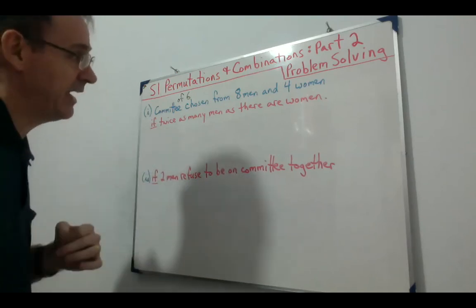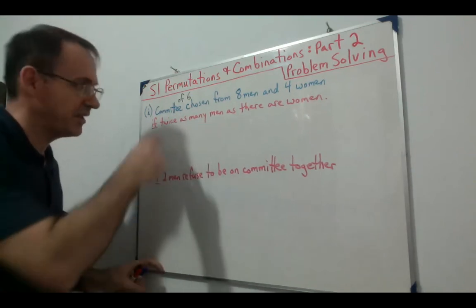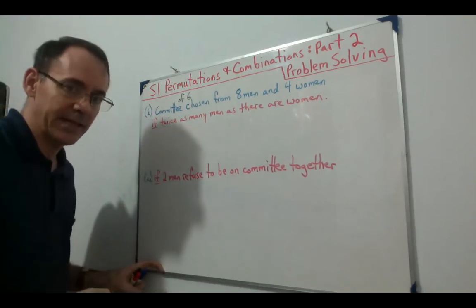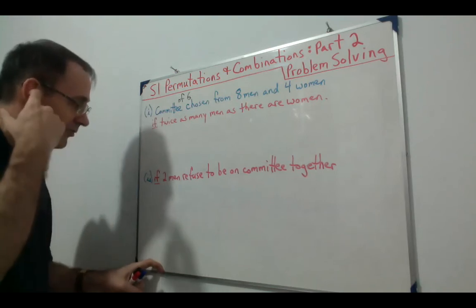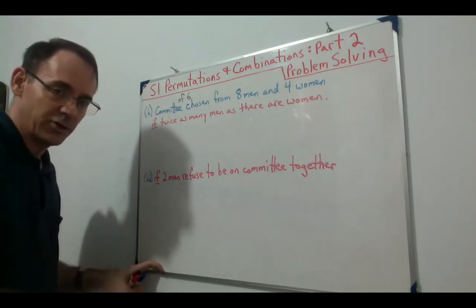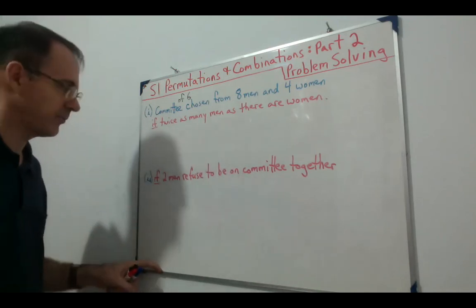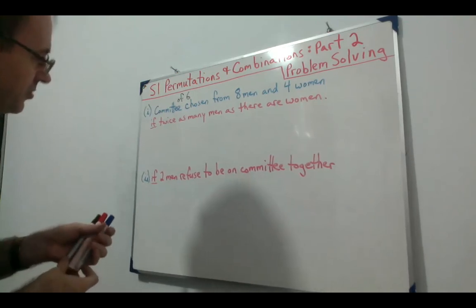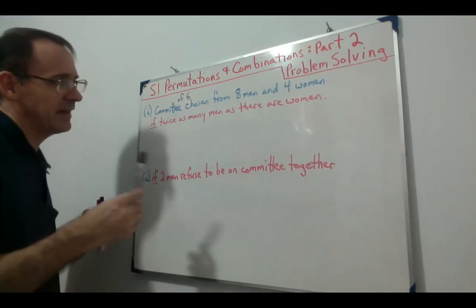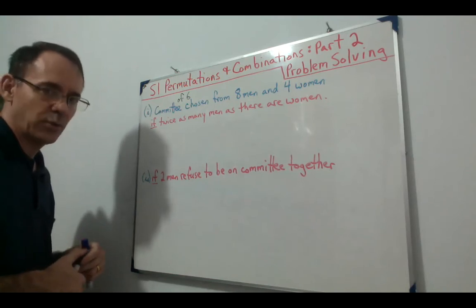The reason is because there are different ways that there can be twice as many men than women, and there also are different ways with respect to these 2 men who refuse to be together. So we want to set up cases for both of these. Let's go to our first one here, the cases that there are twice as many men as women.